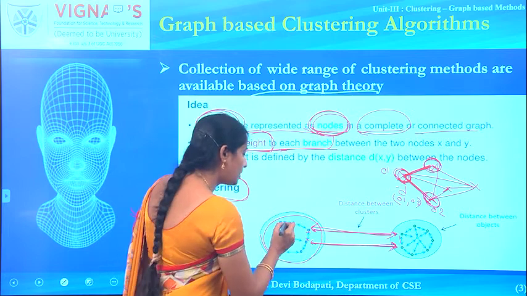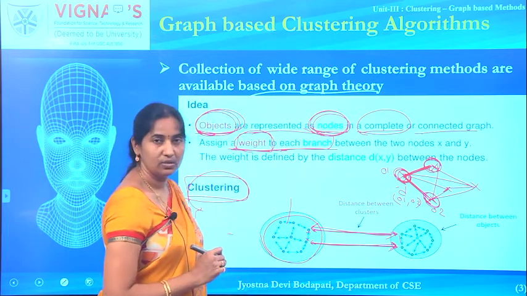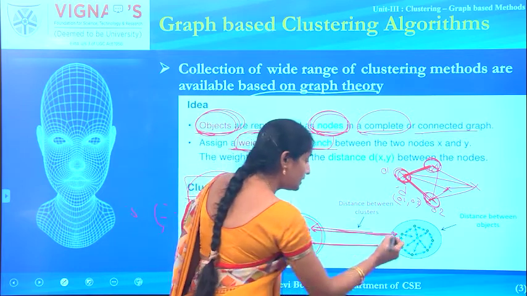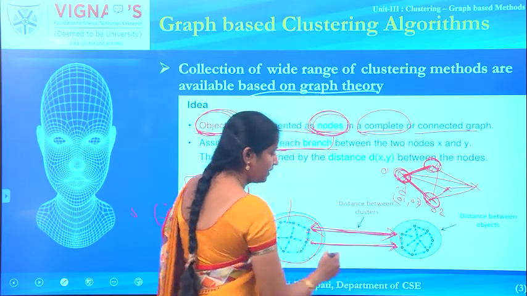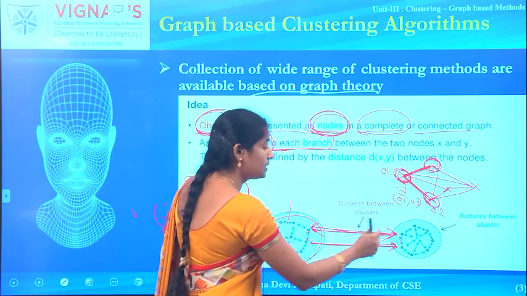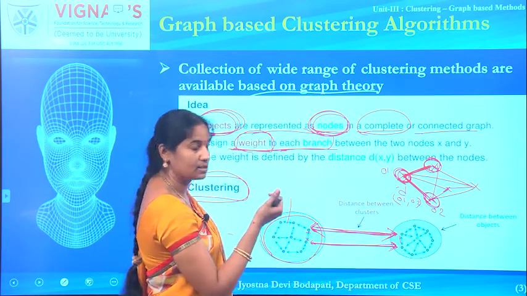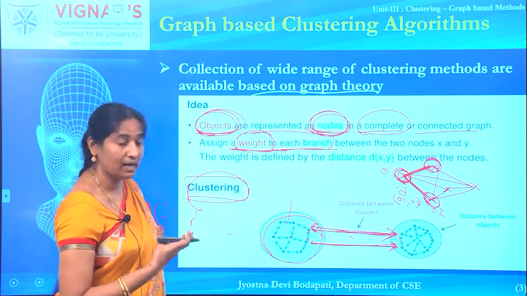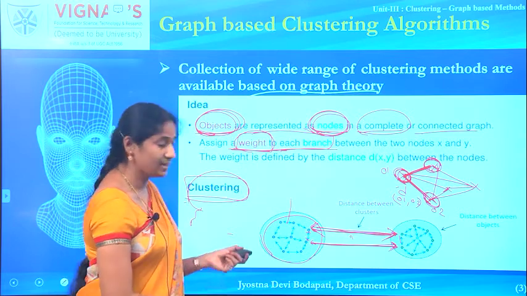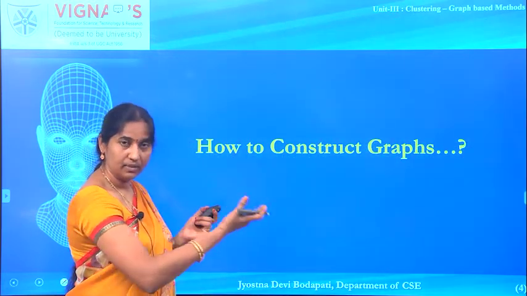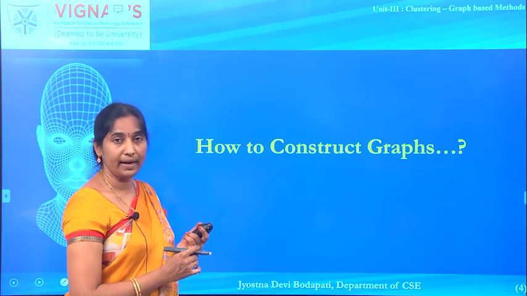That is, the intra distance measure should be very low, and the inter distance, meaning the distance between the objects of different clusters, should be very high. So, that is how we should represent our graph. Once the graph representation is over, we can proceed and apply the graph based clustering.